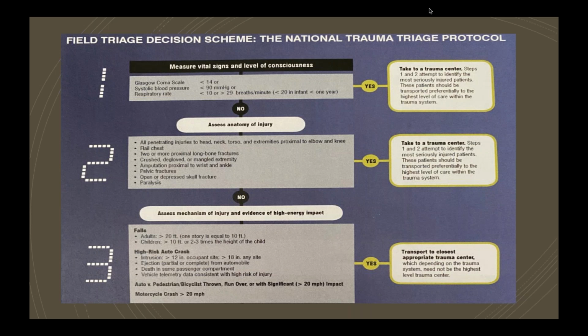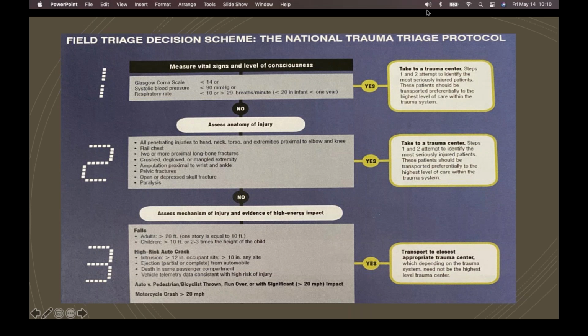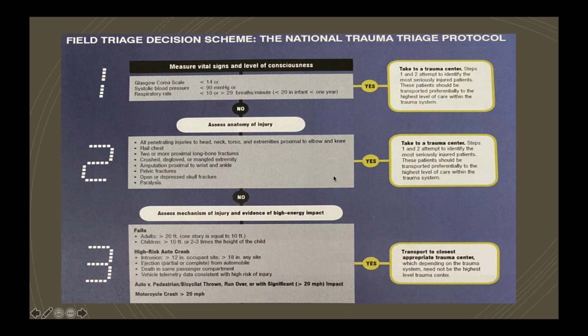And then if that doesn't apply to your patient, you go on to the mechanism of injury. Falls for any adult, it's going to be greater than 20 feet. Children, greater than 10 feet or 2 to 3 times the height of the child.